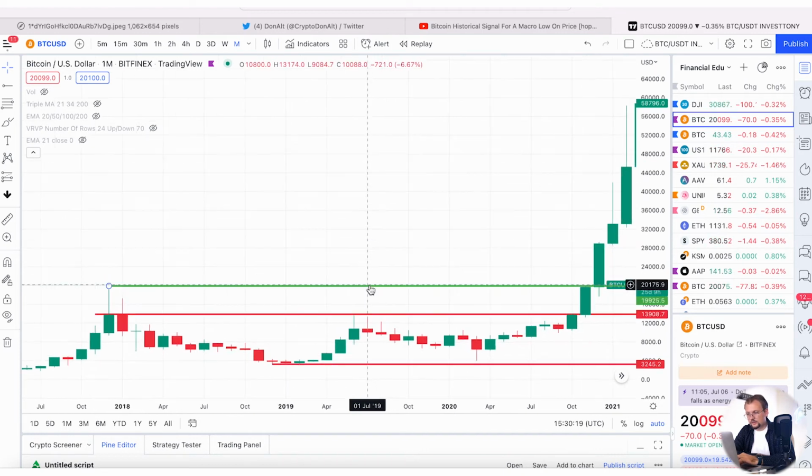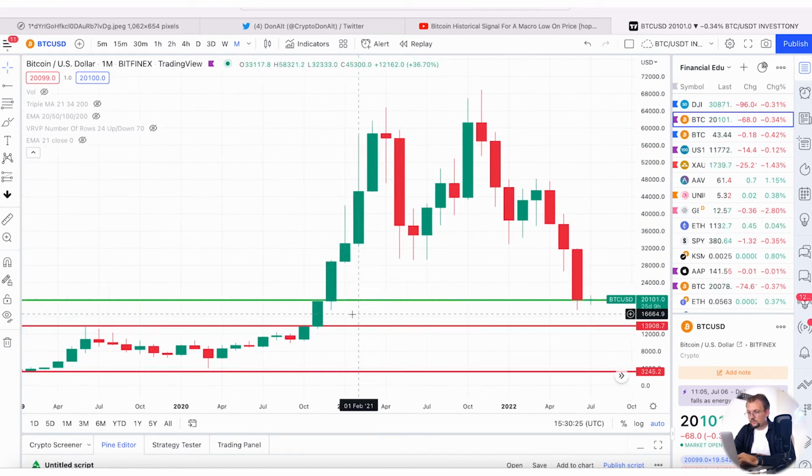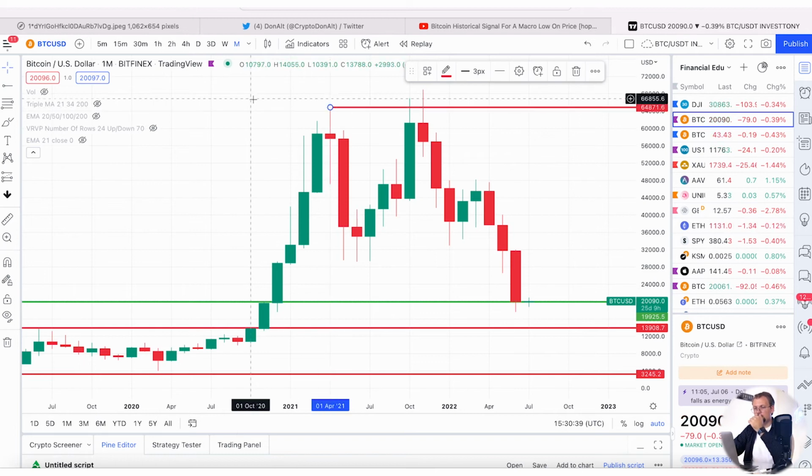And it exactly hit it almost 1.5 years later, in June 2019. So now the recent history, we have the previous high of Bitcoin in April 2021 at around 64,829, and we can draw a line here.